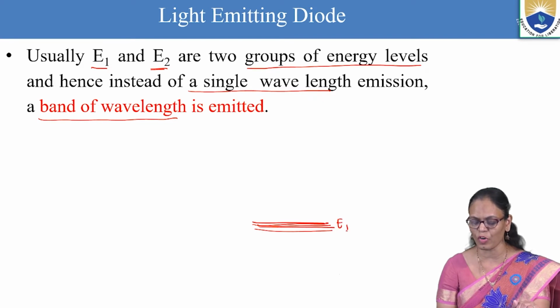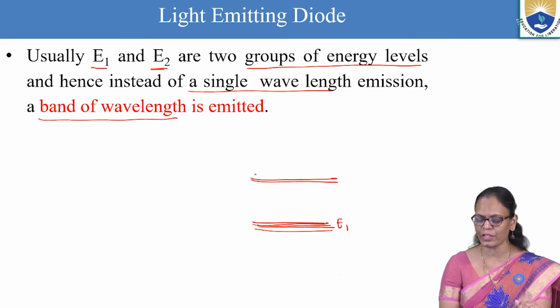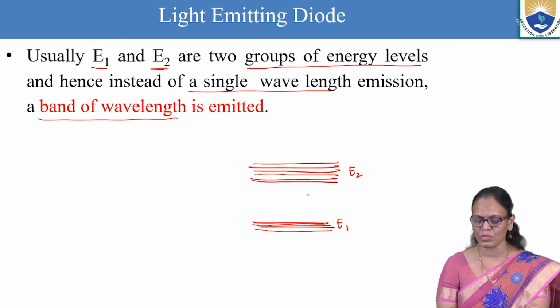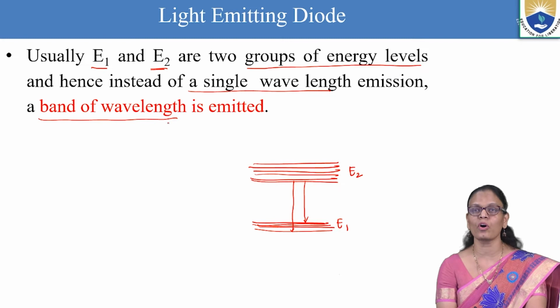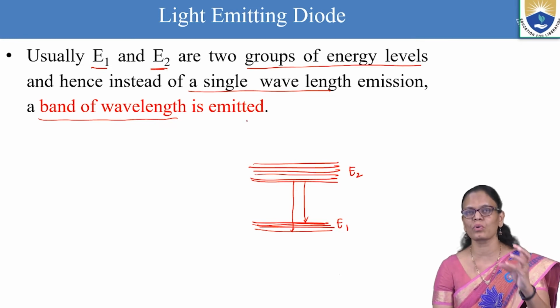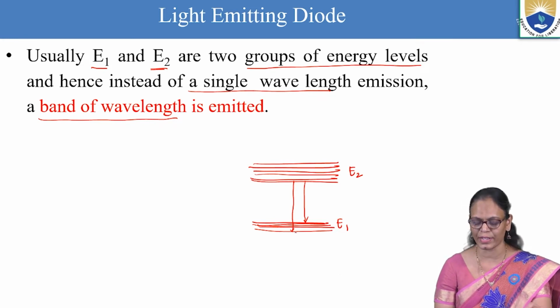They are a group of energy levels, and E2 are also a group of energy levels. So whenever there is a transition from here to here or from here to here, there is a slight difference in wavelength. So a band of wavelength is emitted. So a group of wavelengths put together, we are calling it as a band of wavelength.